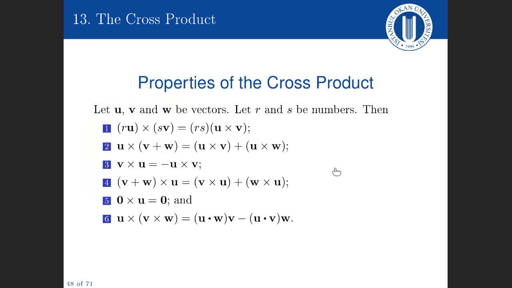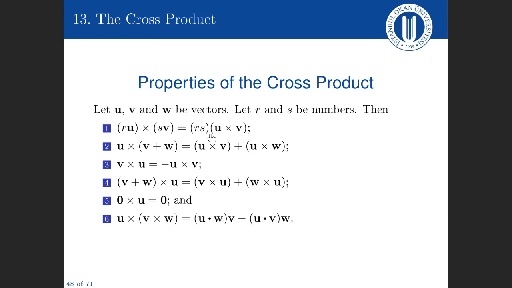Some properties of the cross product very quickly. Let u, v, and w be vectors, let r and s be numbers. ru cross sv is the same as rs multiplied by u cross v.